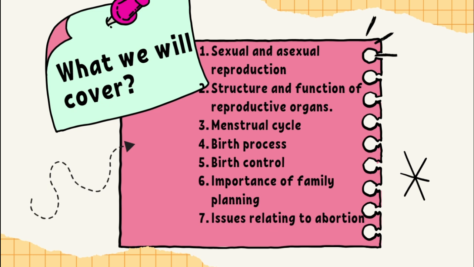Although the female one is going to take up a bit more time because a lot more goes on there. Then you have the menstrual cycle, the birth process, birth control, the importance of family planning, and then the issues relating to abortion. This is just a quick crash course, so we're going to take our time and go over everything in a timely manner.